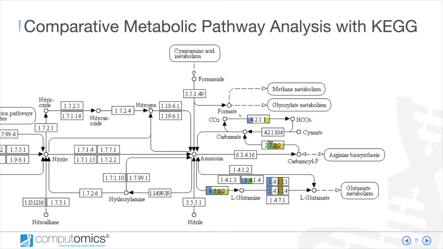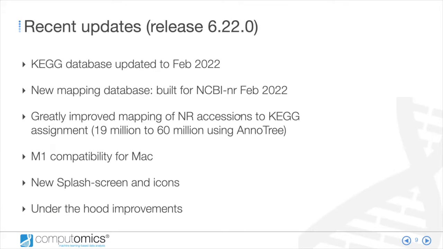Okay, so before we go into the interactive part of this session today, just the most recent updates of MEGAN. So last week or 2 weeks ago, MEGAN 6.22 was released, quite a major update. Now we have a current up-to-date KEGG release, February 2022, that also comes with new mappings of those KEGG enzymes to NCBI accessions.